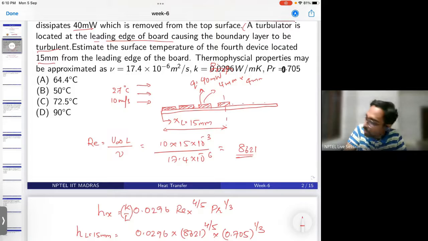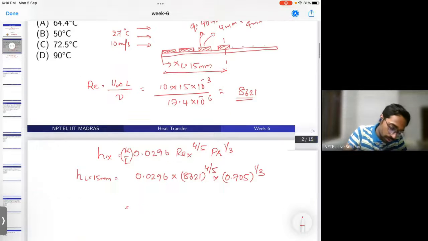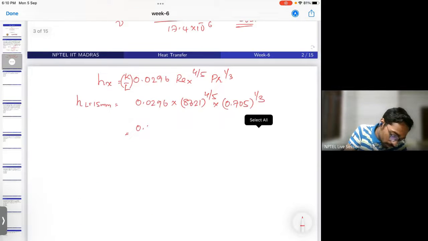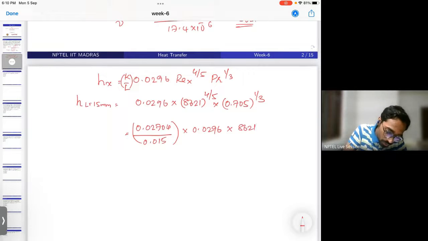This should be 0.02704. Sorry for the mistake. So this 0.02704 by L is 0.015 into 0.0296 into 8621 raised to 4 by 5 into 0.705 raised to 1 by 3.